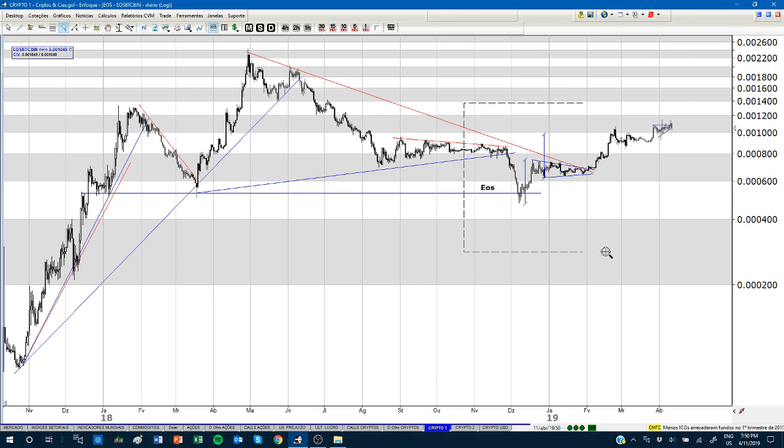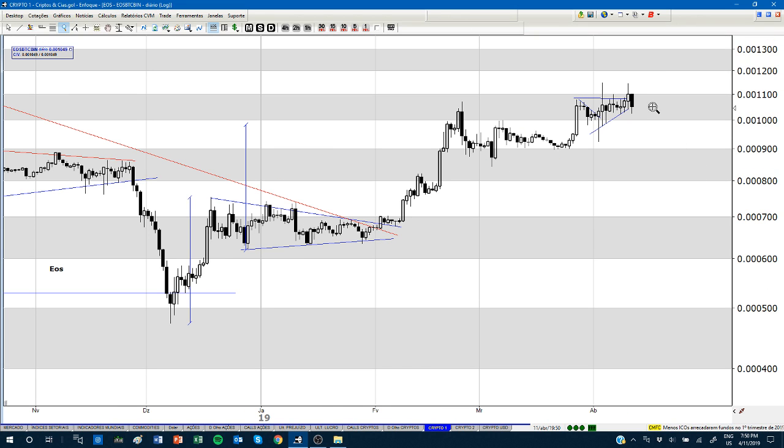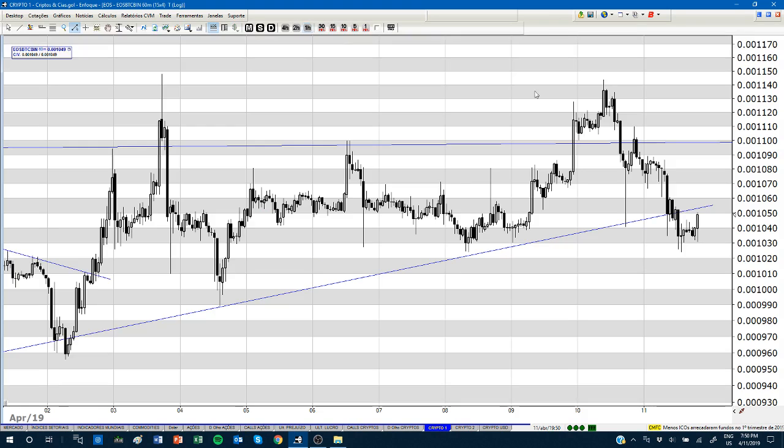EOS. Now EOS is still accumulating. I am bullish on EOS, and I think that could well keep into the ascending triangle that we thought it was actually doing. So let's see the hourly chart.